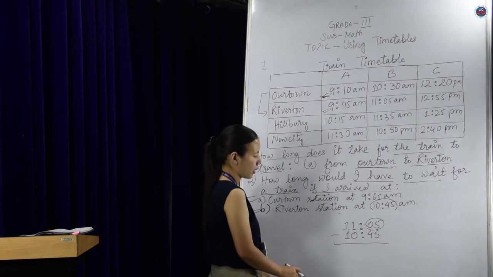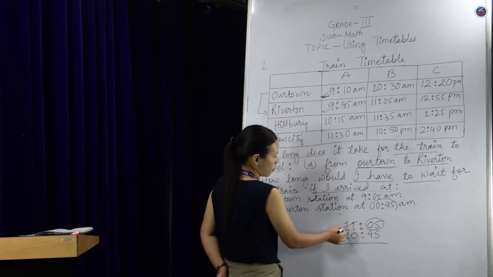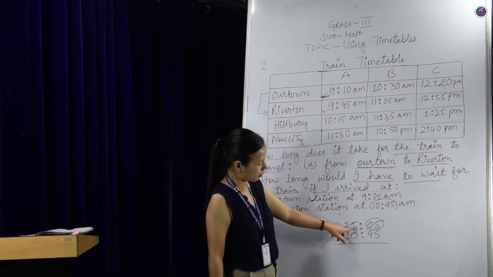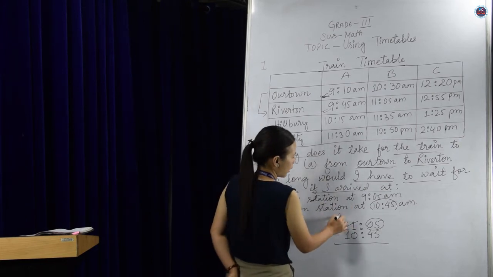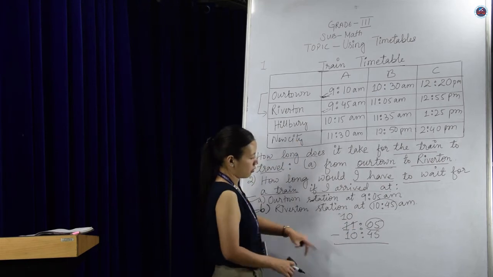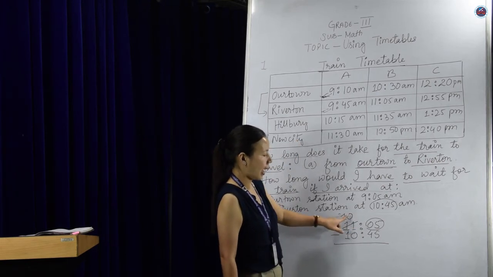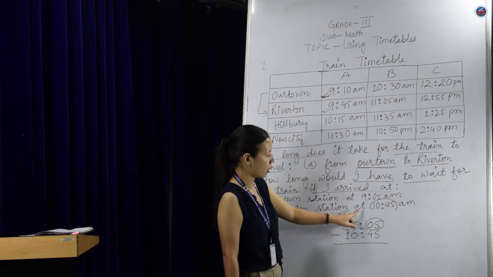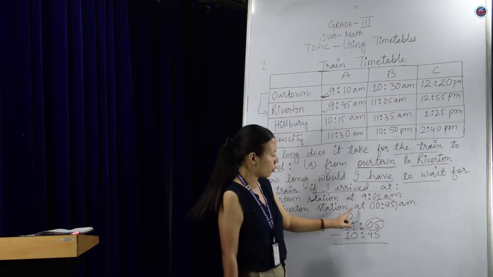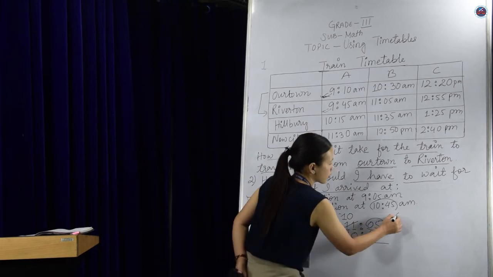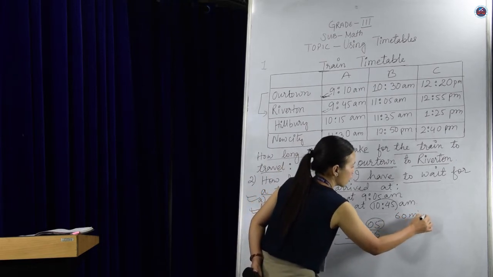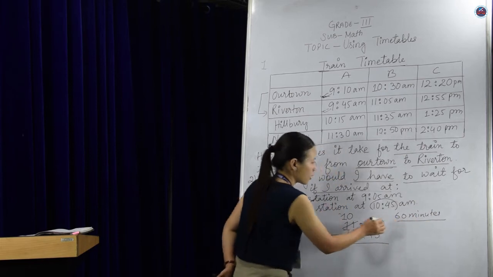So what we have to do is borrow from the hour number. This hour, for this timing, is 11 hours. If we borrow 1 hour, that becomes 10 hours. Now this 11 hours becomes 10 hours, and the 1 hour which we have borrowed will go to the minute. When it goes to the minute, 1 hour will be counted as 60 minutes, because we know that in 1 hour there are 60 minutes.